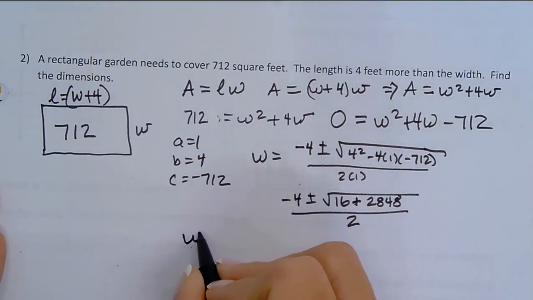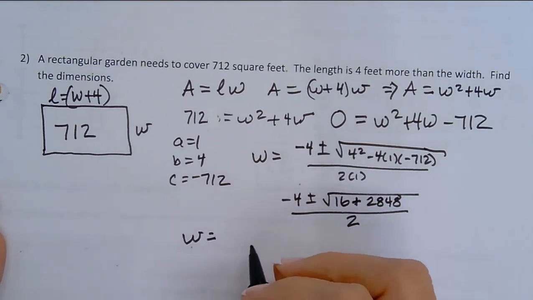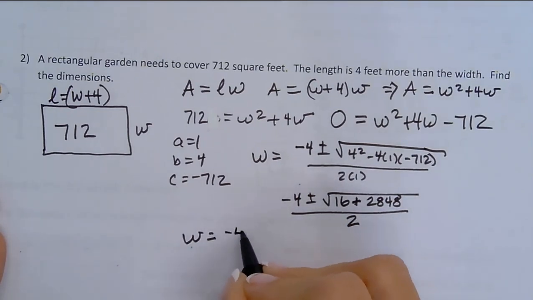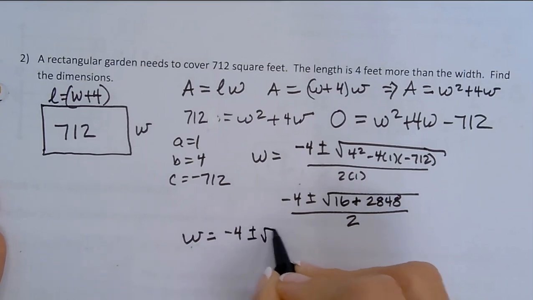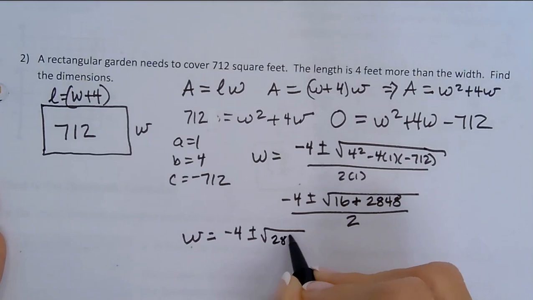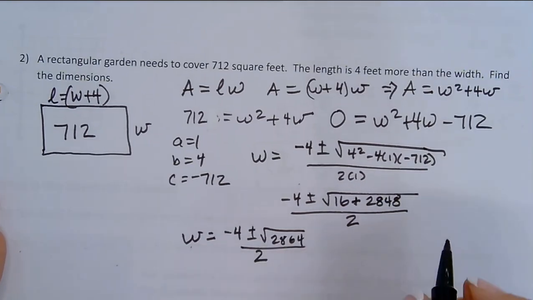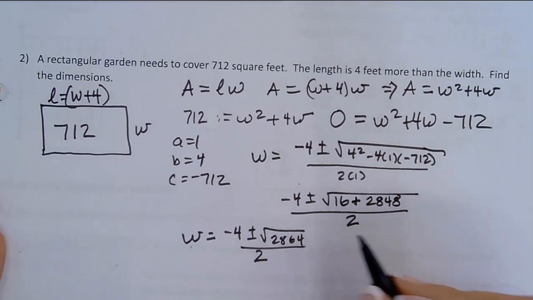W equals negative 4 plus or minus the square root of 16 plus 2848, which is 2864, all over 2, and I'm going to use my calculator to find the square root of 2864.